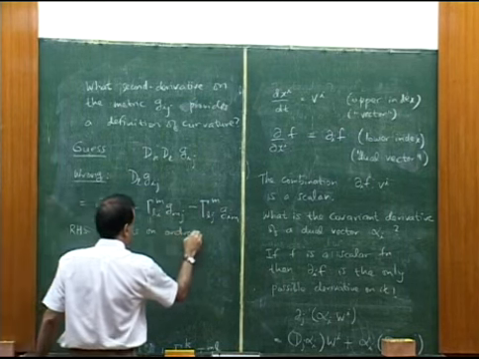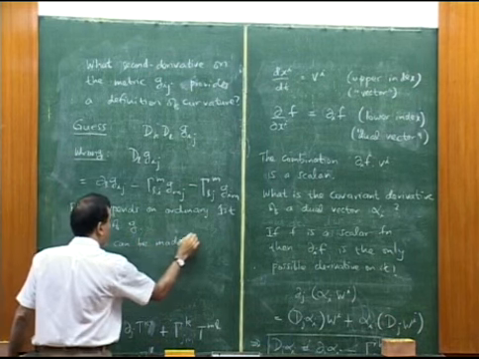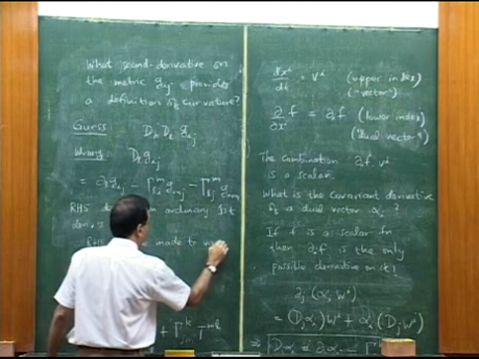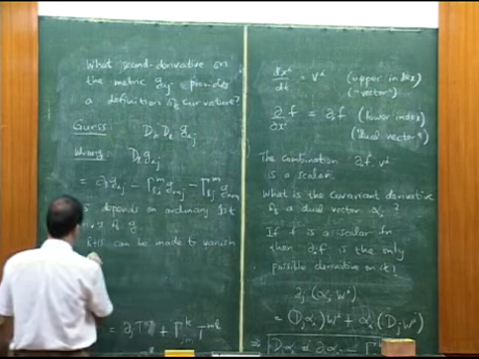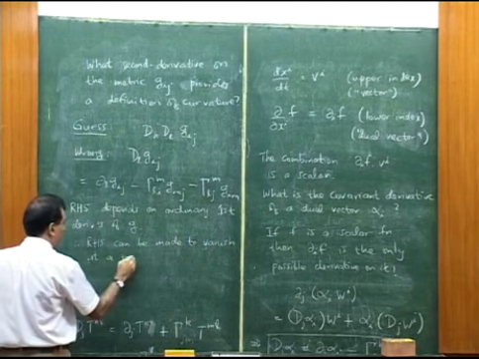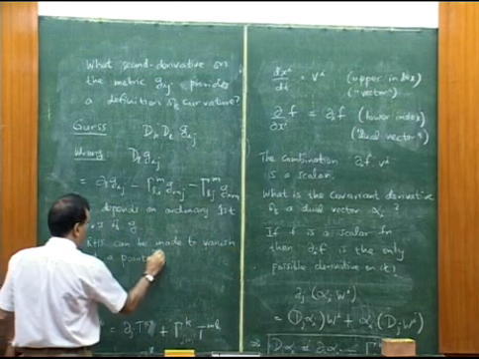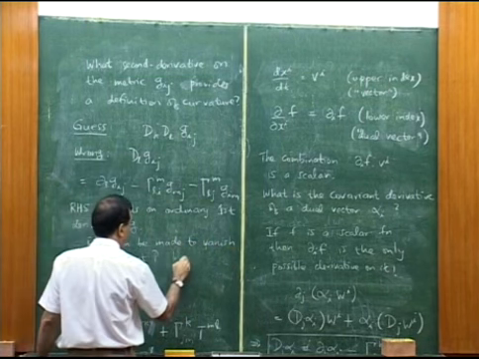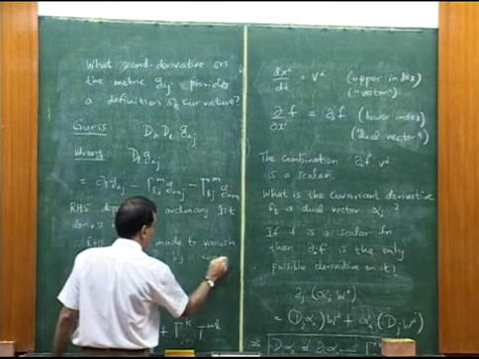But we know that by a coordinate choice, which we saw a few lectures back, those can all be made zero at a point. Therefore, the RHS can be made to vanish at a point by a coordinate transformation.